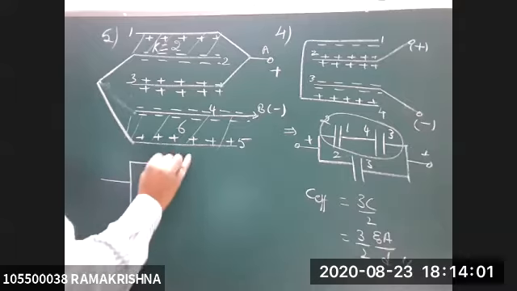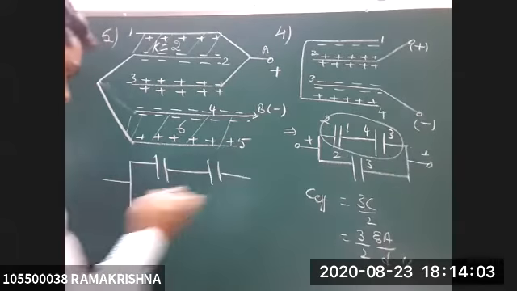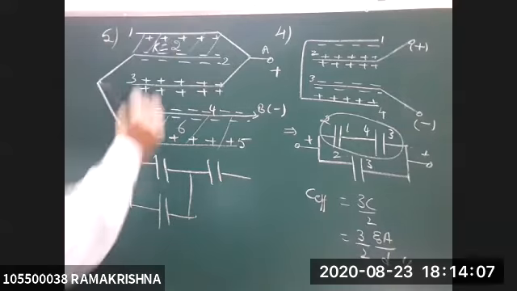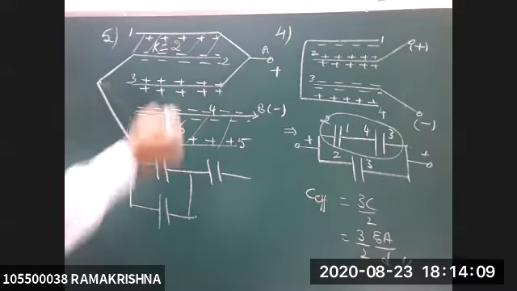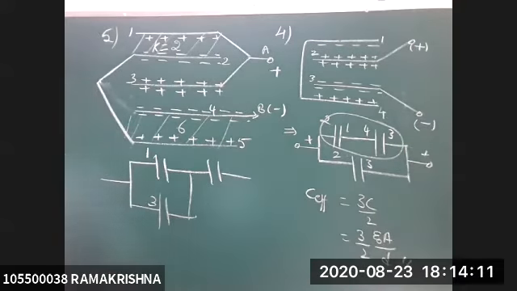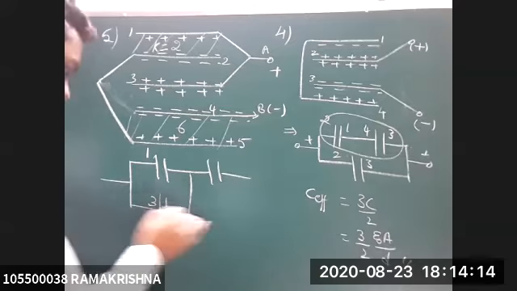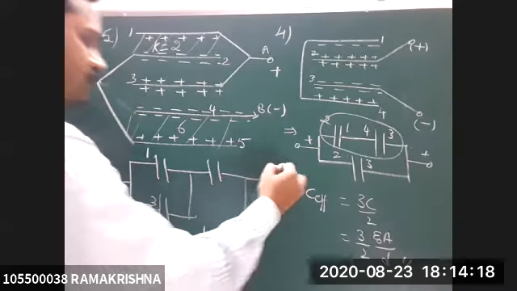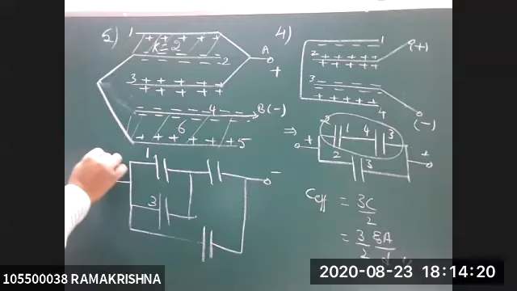So it becomes this is the first plate and it is the third one, right? And the entire arrangement, this one is negative and it is the positive, right? So find the effective capacitance.